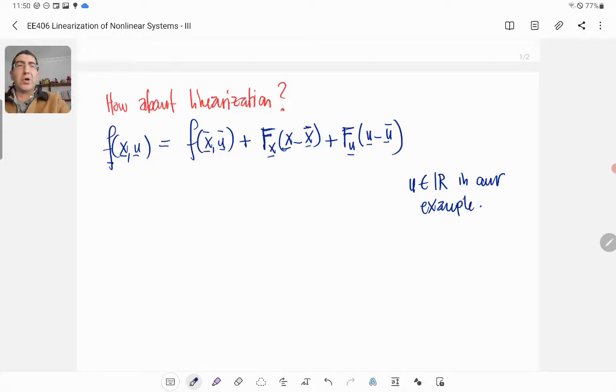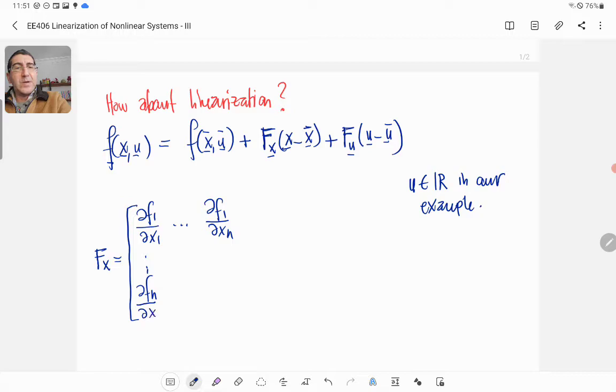So fx, the Jacobian with respect to the states, is as usual df1 over dx1, df1 over dxn, up to dfn over dx1 and dfn over dxn.